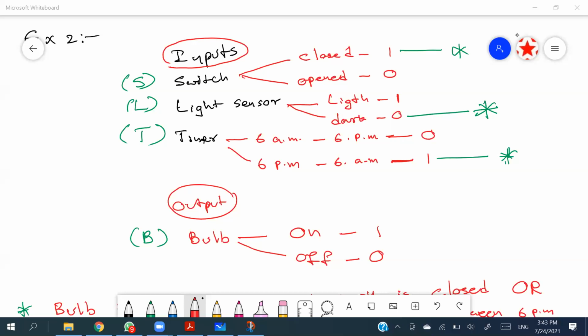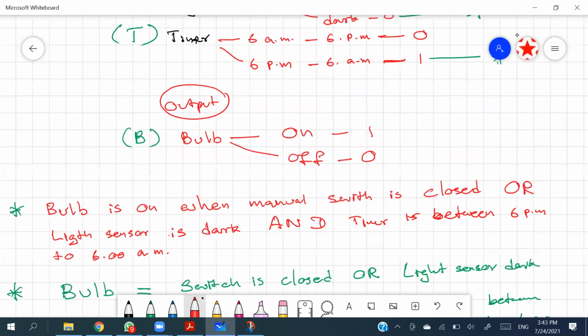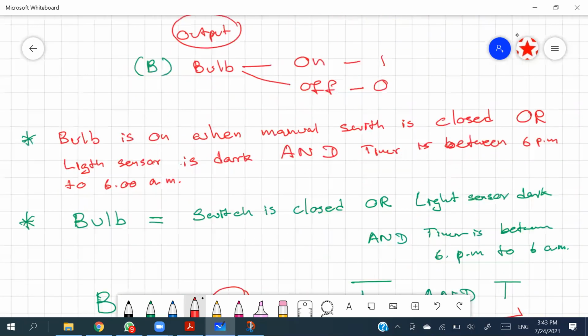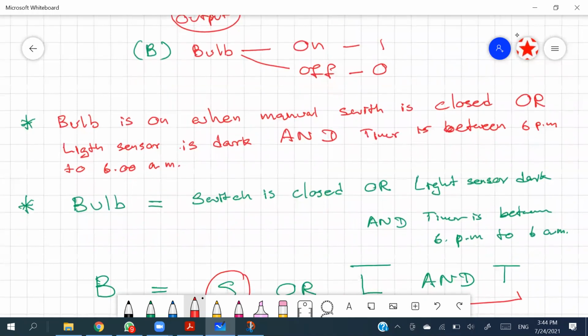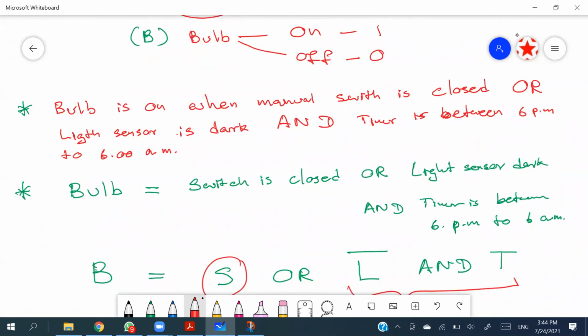Does anyone have a question? Are you clear with what I have written in red, the bulb lighting up scenario?